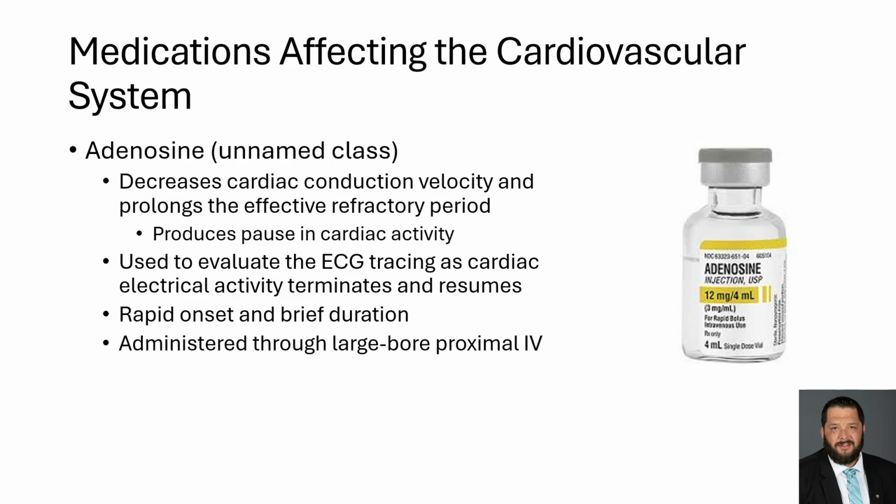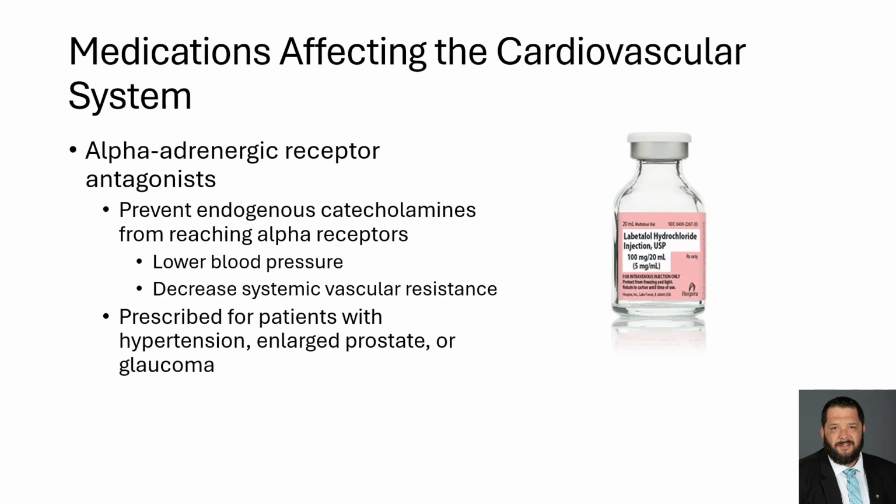It's used to evaluate ECG tracings as cardiac electrical activity terminates and resumes. It has a very rapid onset and a very brief duration, and it's administered through a very proximal IV, preferably a large bore, followed by a saline flush. It's also used in the treatment of atrial tachydysrhythmias.